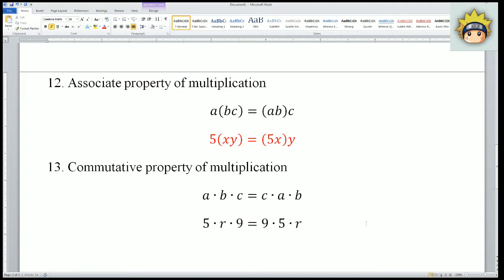You see, no matter how you multiply, you will still get the same answer because we call that the commutative property. This is just multiplication because I'm just going to do it in terms of multiplication here.